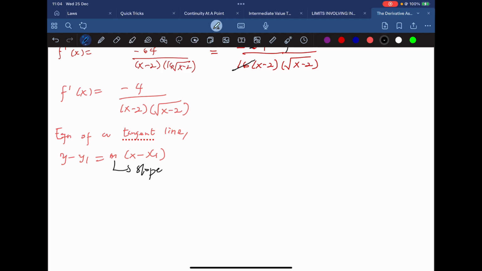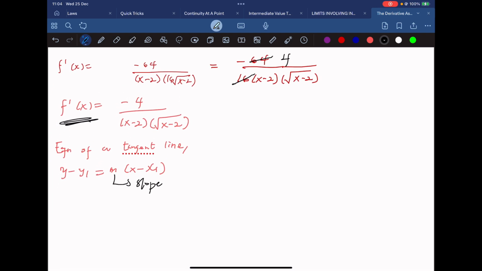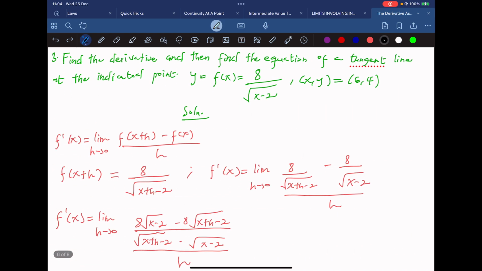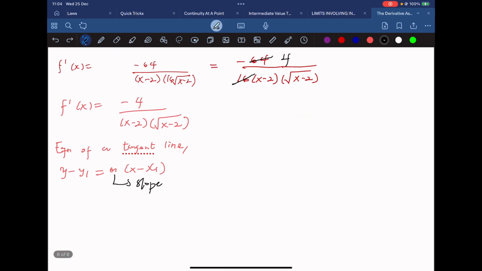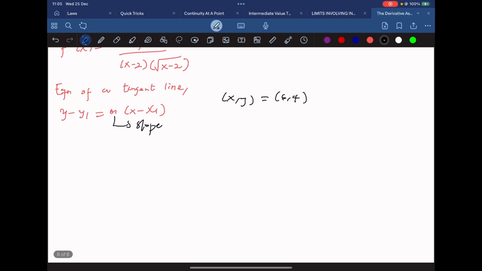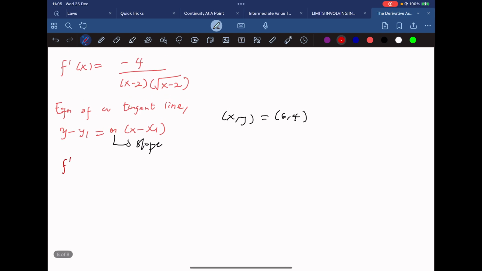So to find your slope, you have to evaluate f prime of x at the x value that was indicated. Remember, we had a point, so we have x to be equal to 6. So in this case, we have to find f prime of x, which is just 6.